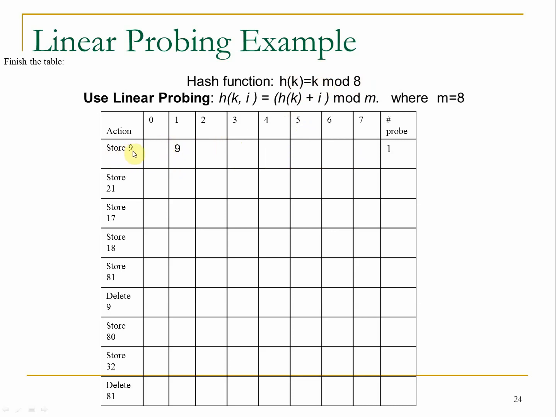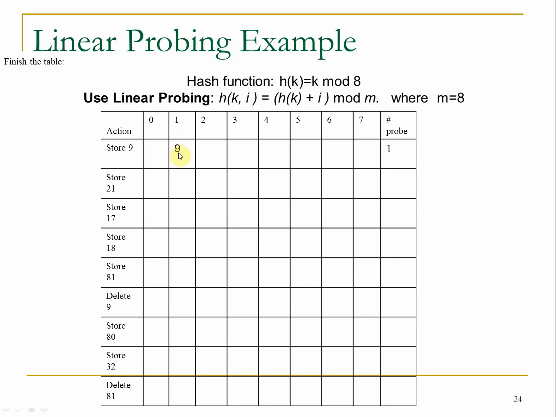When we have a store value of 9, we feed it into our hash function: 9 mod 8 equals 1. If you have any doubts on what the mod operator is, try to understand it correctly. Again, it gets the remainder value after the division. So in this case, 9 mod 8 gives a value of 1. It will look into the index of 1 and see if you are able to put it in there.